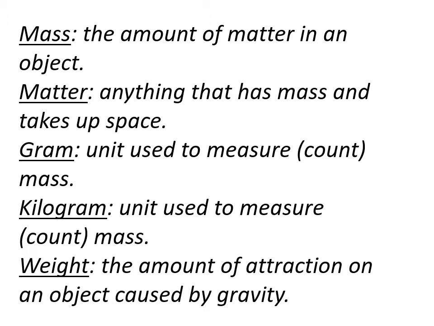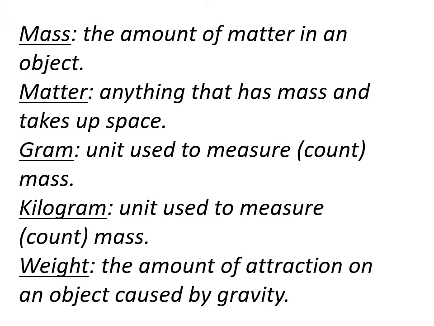So here is vocabulary from the unit of force and motion. First we have mass. Mass is the amount of matter in an object. Matter is anything that has mass and takes up space.